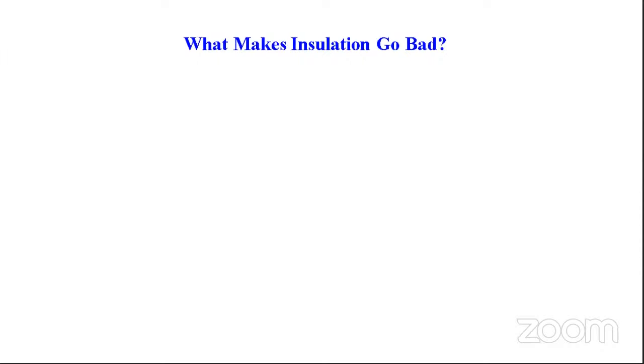Now what makes insulation go bad before measuring the insulation resistance? Suppose a brand new insulating material is generally in good condition, except for manufacturing defects. But what are the reasons that the insulating material gradually degrades its quality and the insulation goes bad?